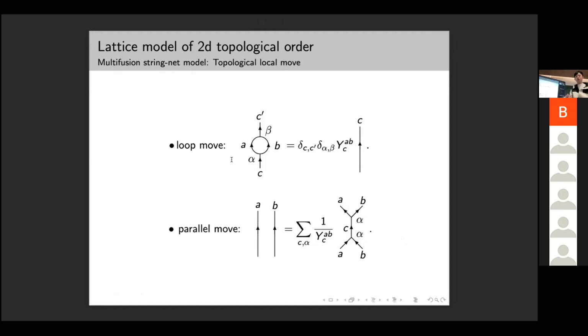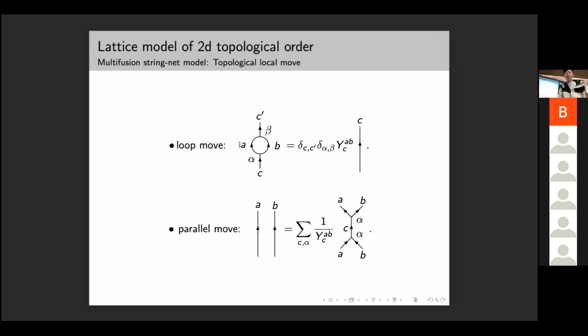To construct the string-net ground state, we first introduce three basic moves. This is very simple, like the fusion case, and we know that for the multifusion case, the main difference is that the tensor unit is not simple, and there is a grading structure for the fusion of A and B. If A is in the D_ij component and B is in the D_jk component, they can fuse with each other and output some object.